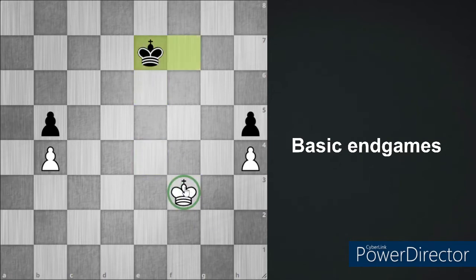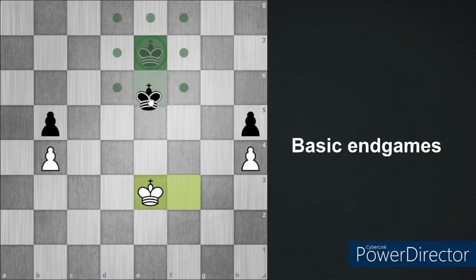So now here you have to get the distant opposition, and distant opposition is played by playing on the same rank. You play the move king e3 over here, sending the ball into black's court. Now where is he going to go? He has to move forward.